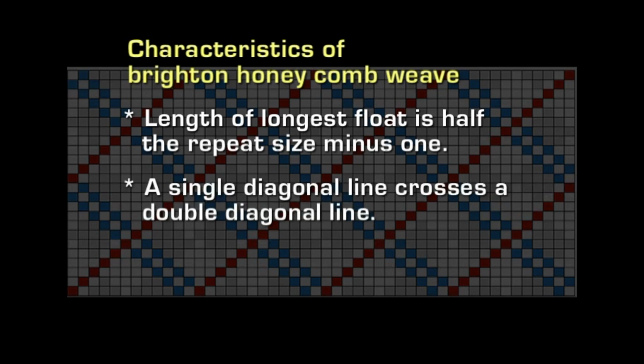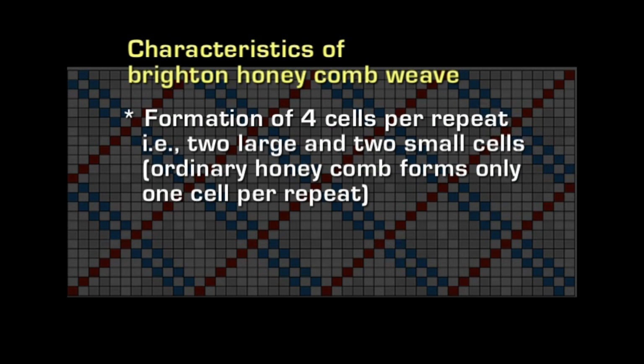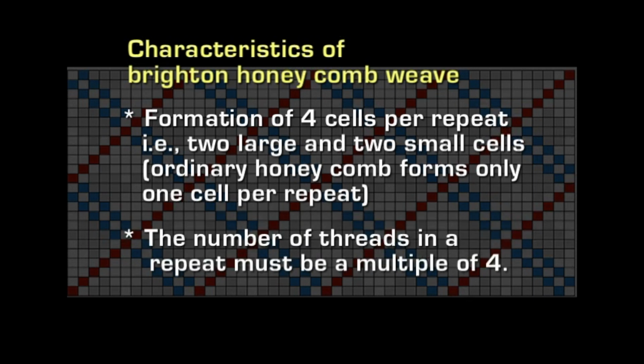In this, a single diagonal line crosses a double diagonal line, which is different from the ordinary honeycomb weave, where it is single by single or double by double. There is formation of 4 cells per repeat, that is 2 large and 2 small cells. In the case of ordinary honeycomb, only 1 cell per repeat is taken up. And the number of threads in a repeat must be at least a multiple of 4.